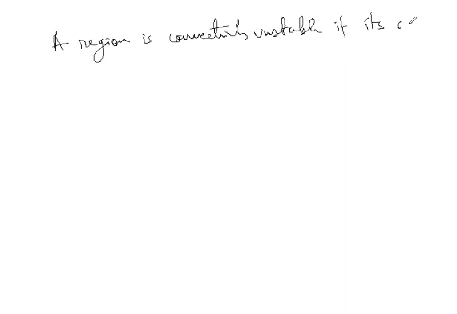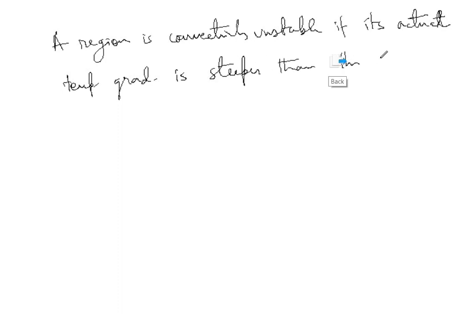So what we can say is that a region is convectively unstable if its actual temperature gradient is steeper than the adiabatic temperature gradient. Okay, let me show you what I mean.